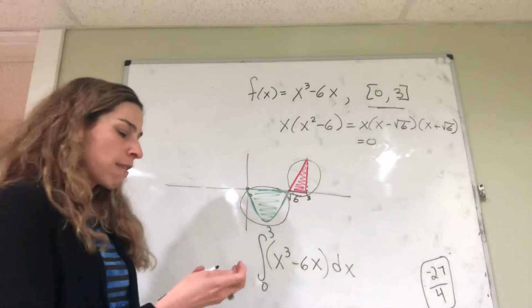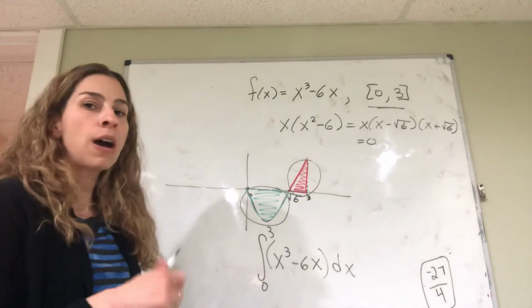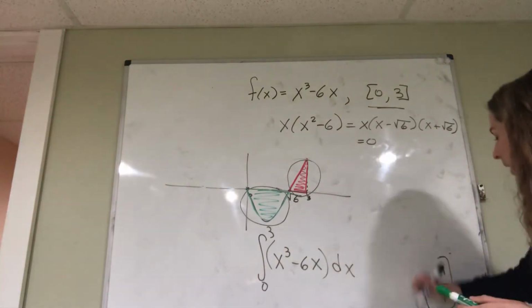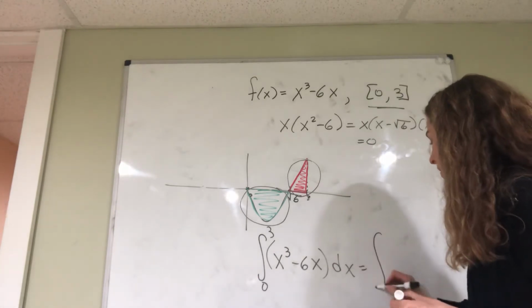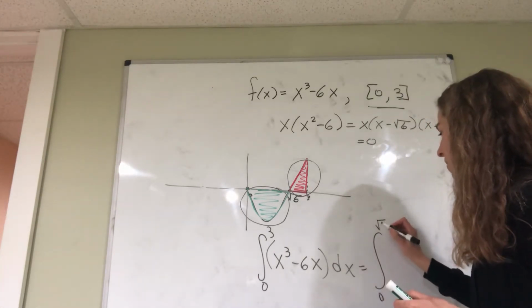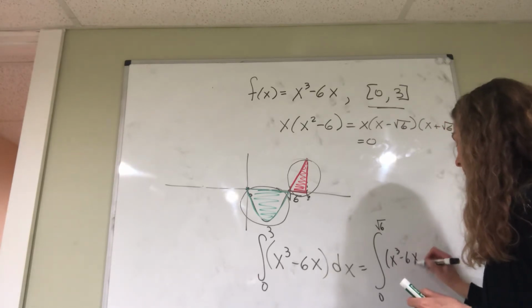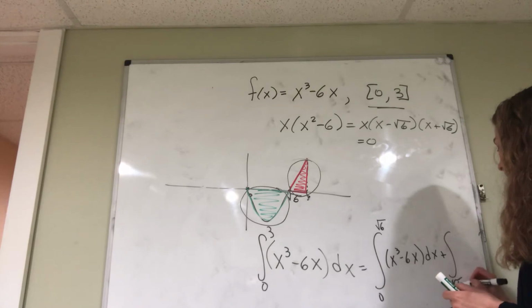In fact, there's a property that says you can split your integral up into pieces. So instead of integrating from 0 to 3, you could split it up and integrate instead from 0 to square root of 6, and then the rest of the way. So the rest of the way would be the square root of 6 to 3.